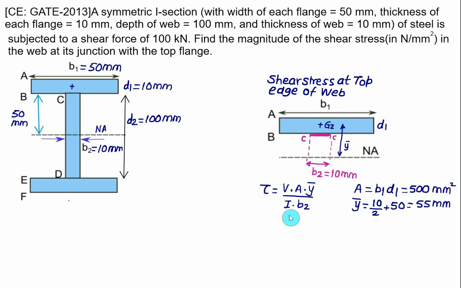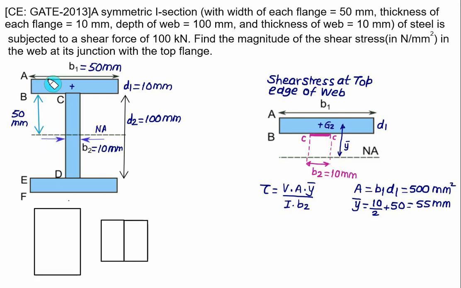In addition to that, we require the moment of inertia. Moment of inertia we can find out by taking the rectangle of size equal to 50 by 10 plus 100 plus 10. So the outer rectangle we will take, and we will subtract the two rectangles. Already we have done this in the case of bending stress. So moment of inertia of the I section will be the outer rectangle here.